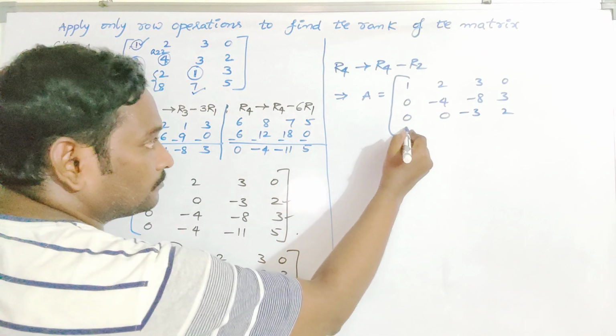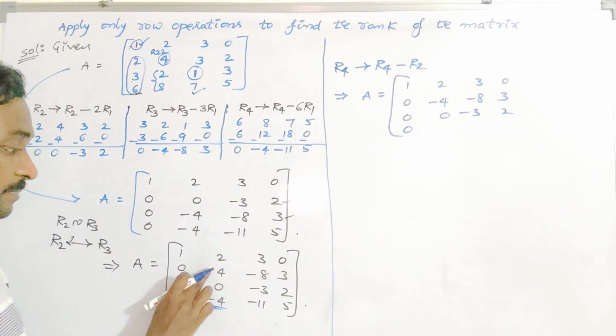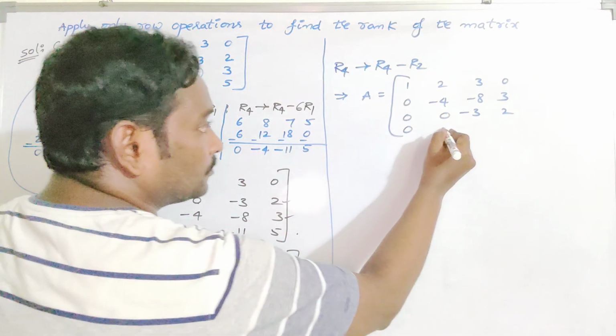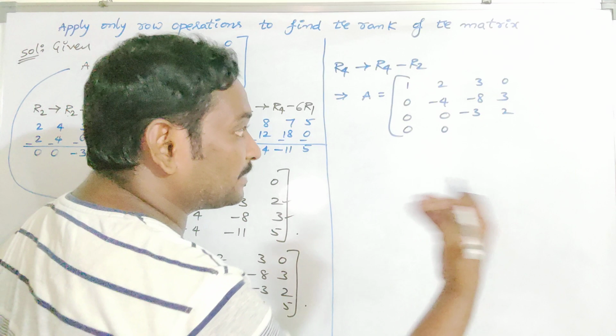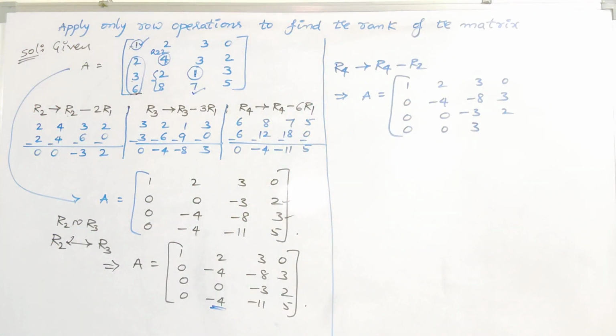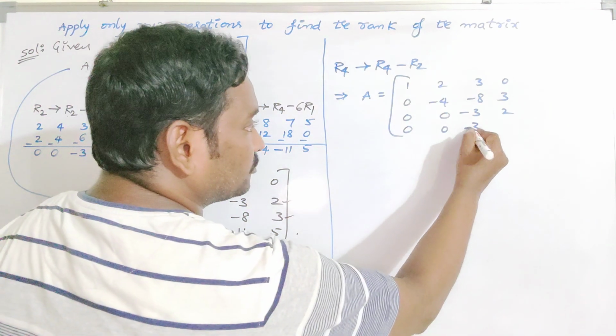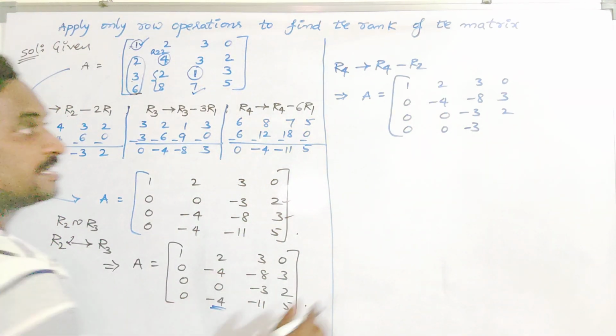Then 0, 0, minus 4 minus of minus 4, plus 4, it would be 0. And minus 11 minus of minus 8, minus 11 plus 8, it would be minus 3. Don't forget the negative sign. Minus 11 plus 8 is minus 3. 5 minus 3, it would be 2.